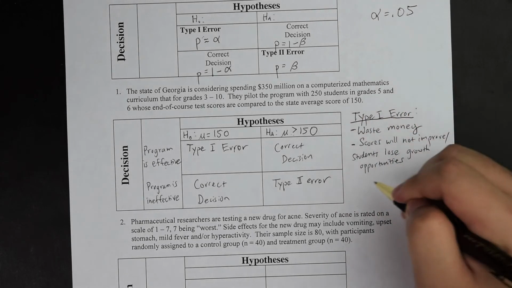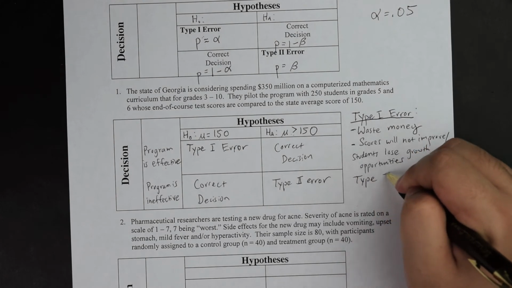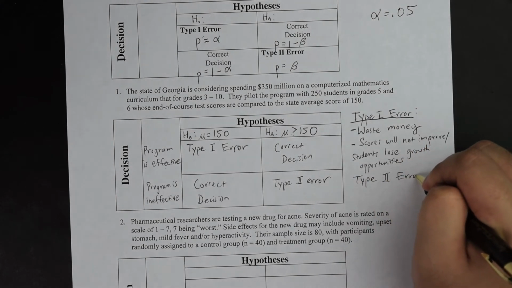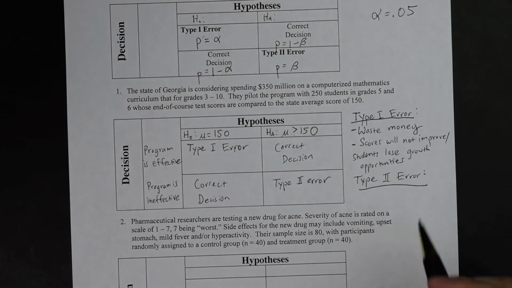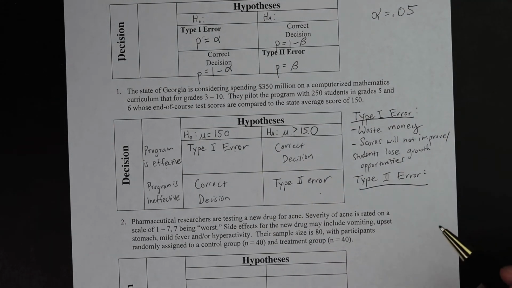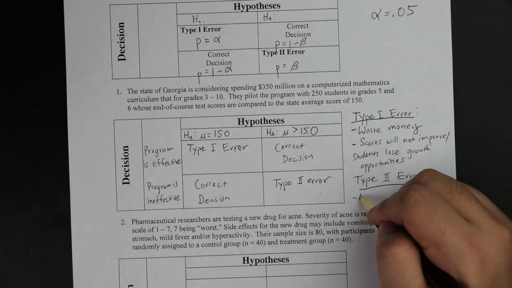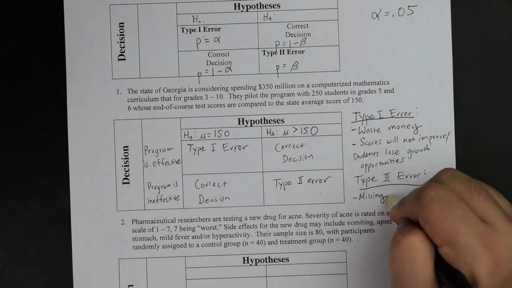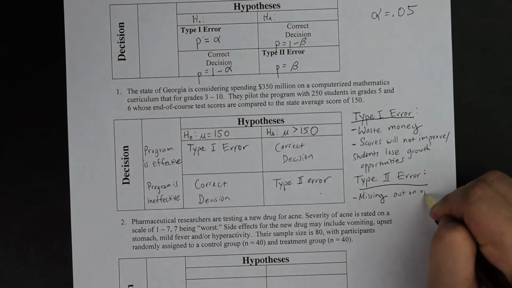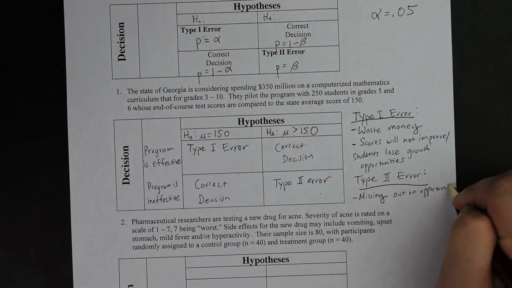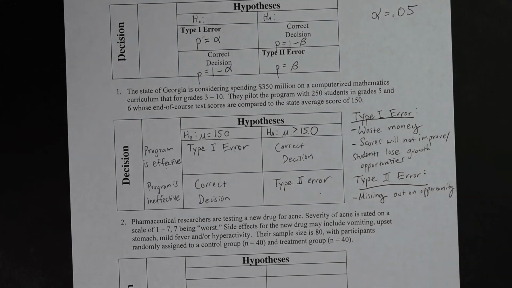For type 2, and I don't have too much space, but I'm going to work with it. When we talk about type 2 error, we're saying that the program improves scores, but we state that the program is ineffective. That means we're missing out on a big opportunity. Even though this program works, we're saying that it's not working, which means we missed out on a program that's going to help our students meet the expectations for mathematics.